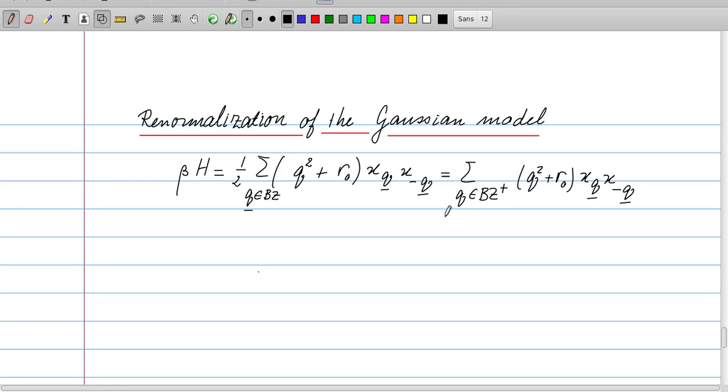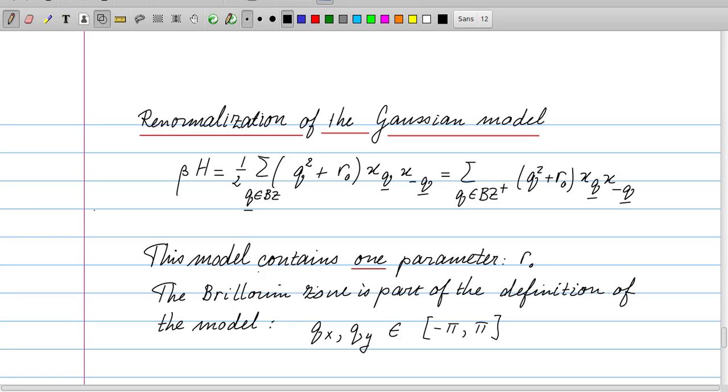And sometimes if you want to work with only unique q points, only in the BZ plus, we no longer have the factor of 1/2, because here we sum over only half the points. So those are 2 alternative formulations of the same model, where you should, however, always take a little bit of care about the point q is 0.